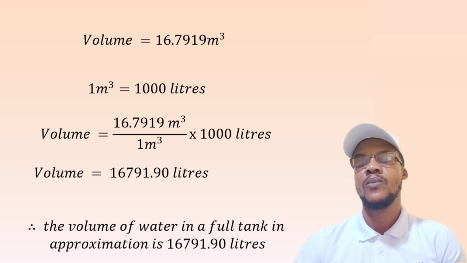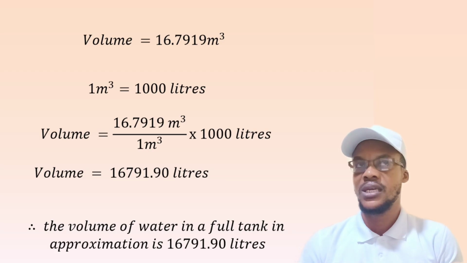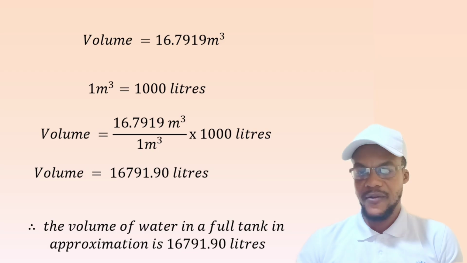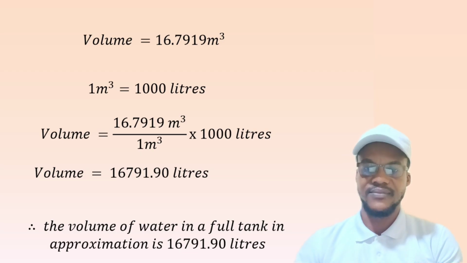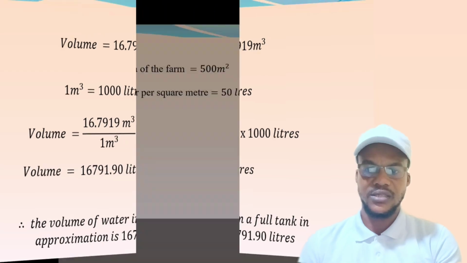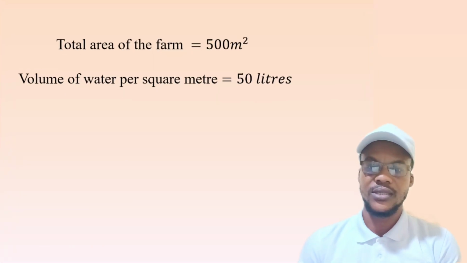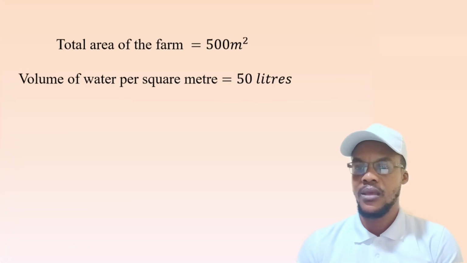then let's also look at the total volume of water the entire farm will require for the irrigation. As it was given in the question, the total area of the farm is 500 meter square.